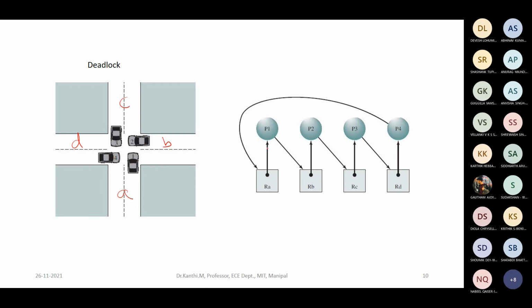Similarly here, A is with P1, but P1 is interested in the other resource, which is with P2, and P2 is interested in resource C, but that is held by P3, and P3 is interested in resource D, which is with P4, and P4 is interested in resource A, which is with P1. Okay, so this is a simple diagram showing how deadlock can occur and how you can avoid deadlock situations.